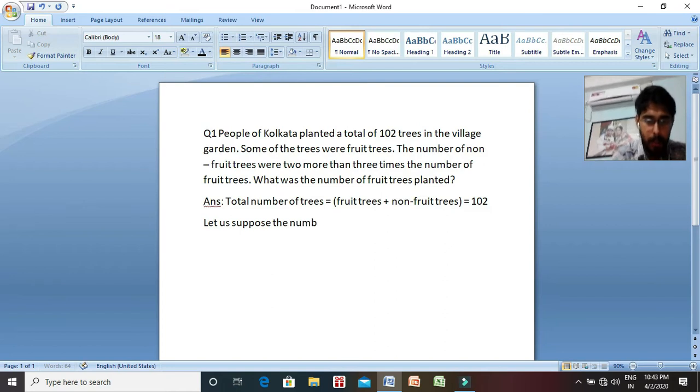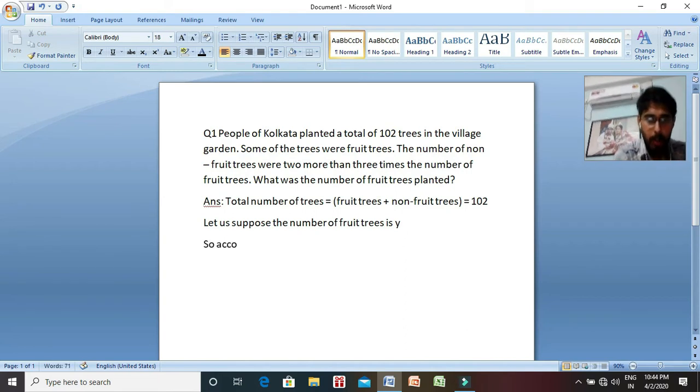So let us suppose the number of fruit trees is y. Now what we can conclude from the statement is that the number of non-fruit trees were 2 more than 3 times the number of fruit trees.